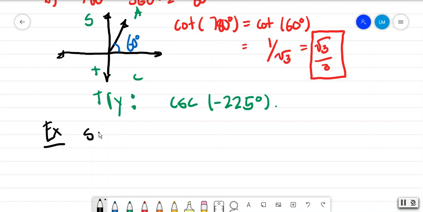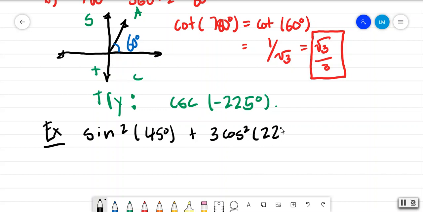You have sine squared of 45 degrees plus 3 times cosine squared of, not 225, 135 degrees, minus 2 tangent of 225 degrees.